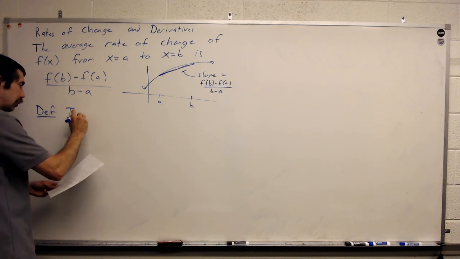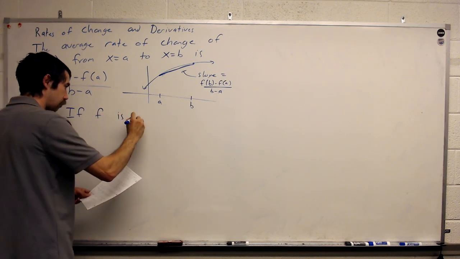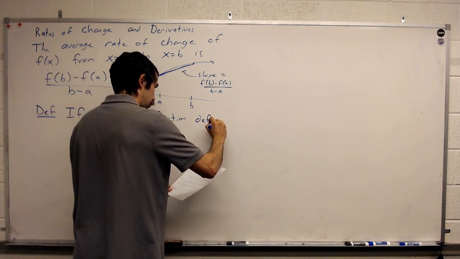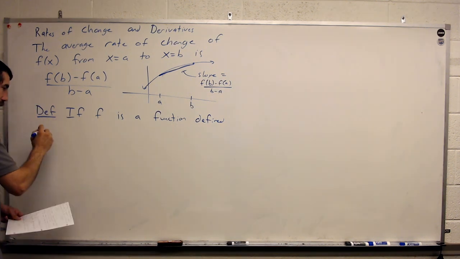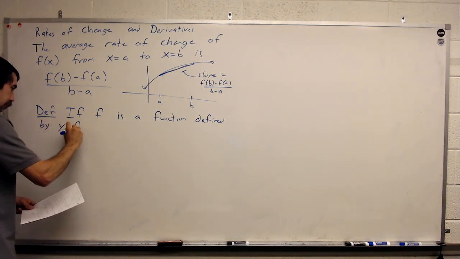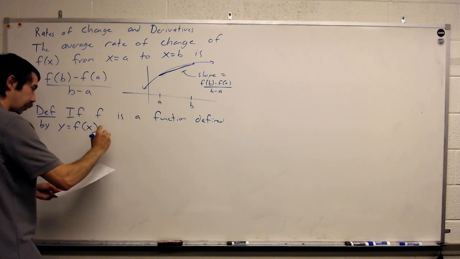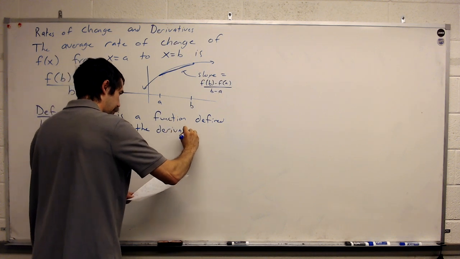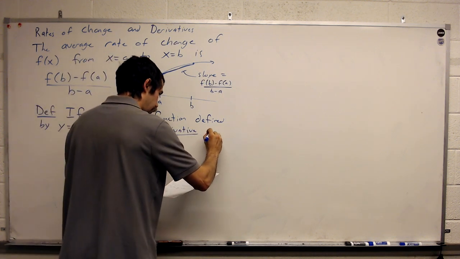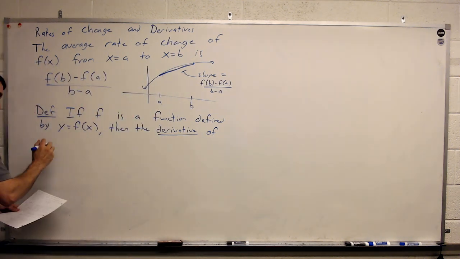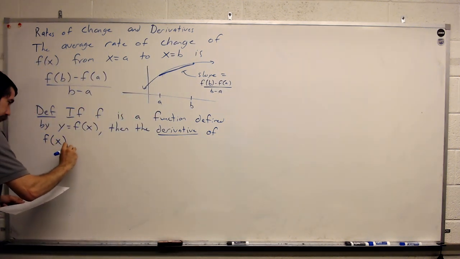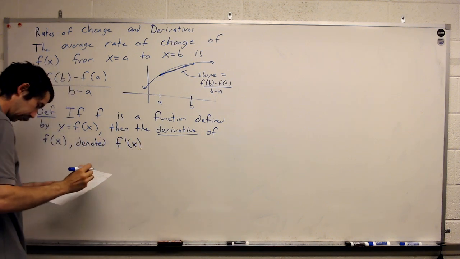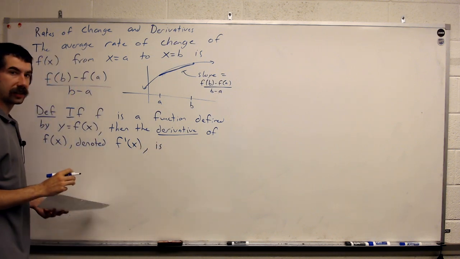So if f is a function defined by y equals f of x, then the derivative of f, which we denote by f prime of x, is the following.